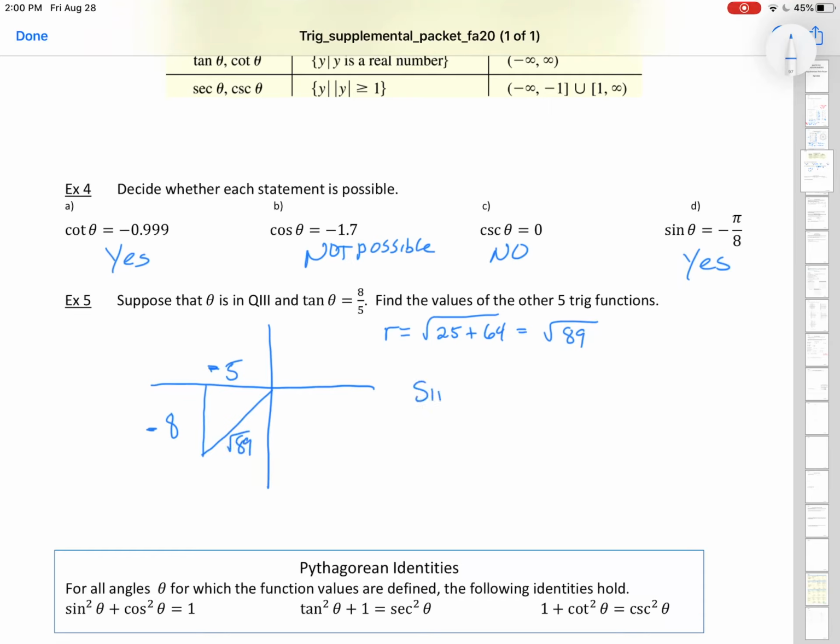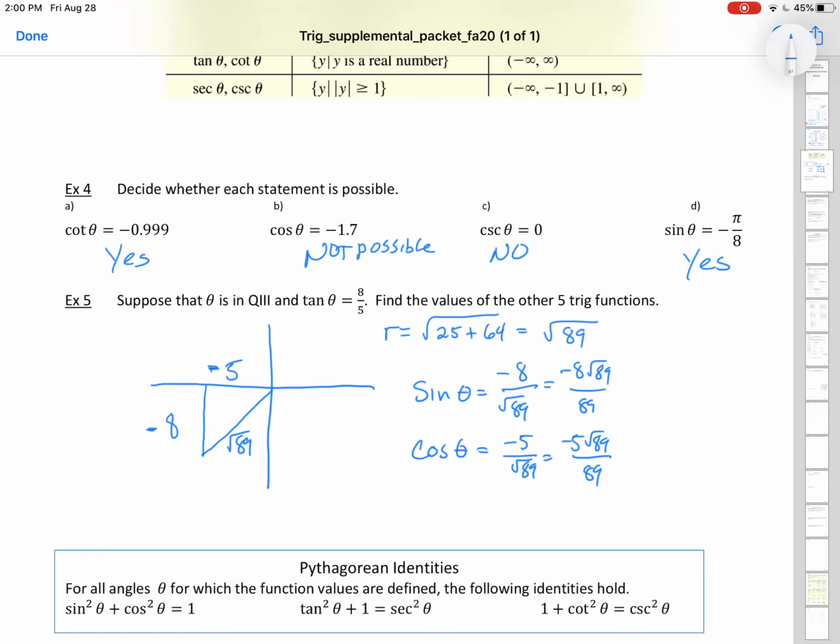So what's the sine of theta? No problem. Y, or opposite, over hypotenuse. And then remember to rationalize. What's the cosine? -5 over root 89, or -5 root 89 over 89. What's the tangent?